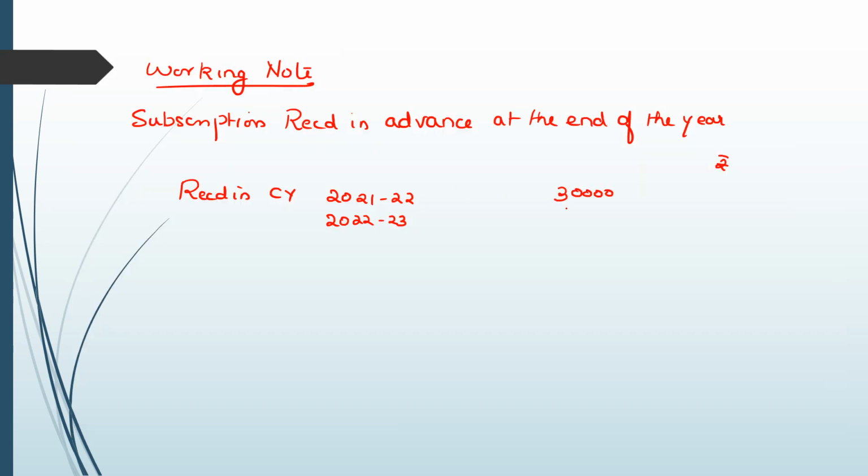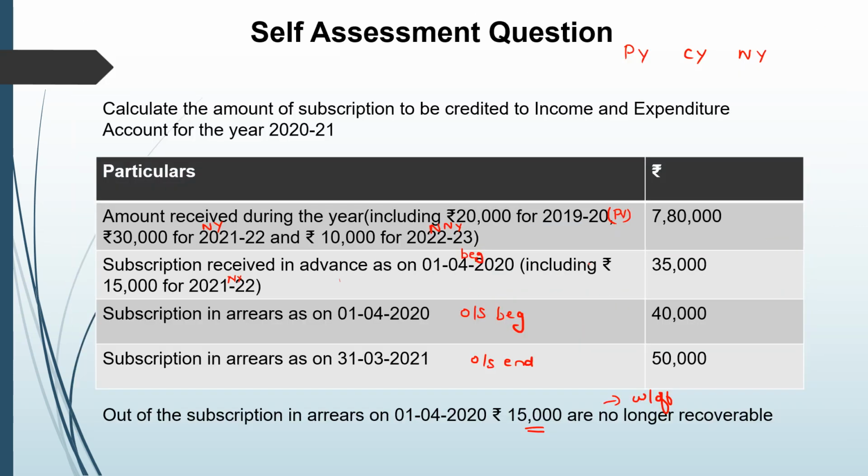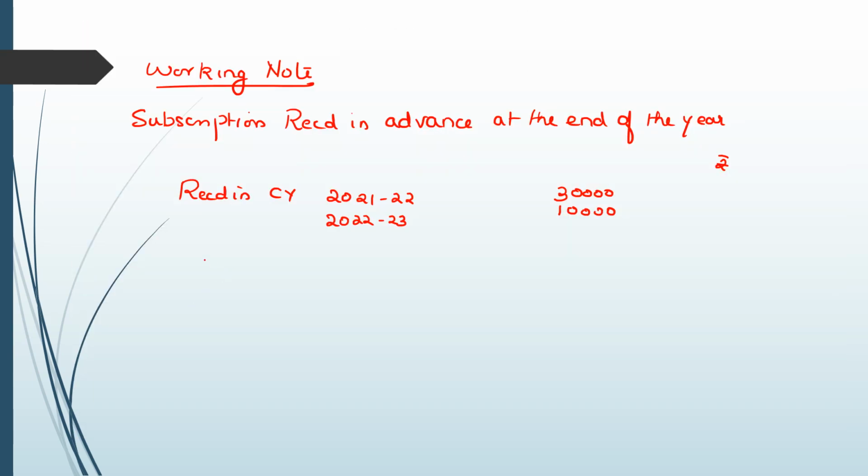30,000 and 10,000. And as you go further, here you see subscription received in advance, which was received in advance in the previous year only. There also you had received in advance for the next year 15,000. So that is also received in advance, which is to be included. So this would be 15,000. This was received in the previous year but relates to 21-22, 15,000.